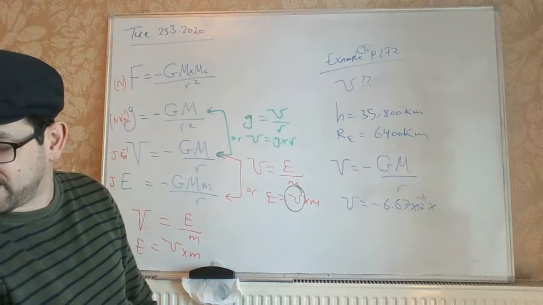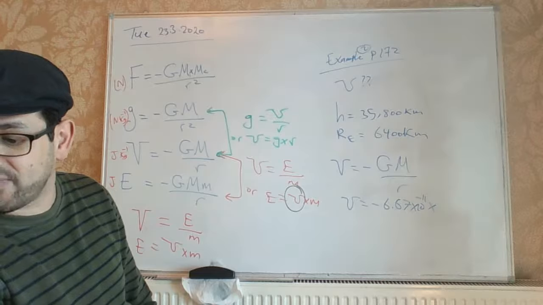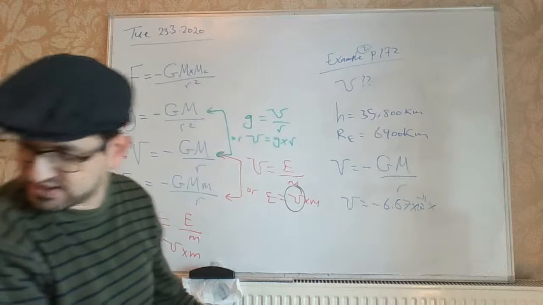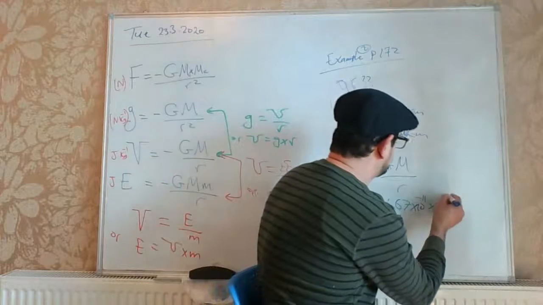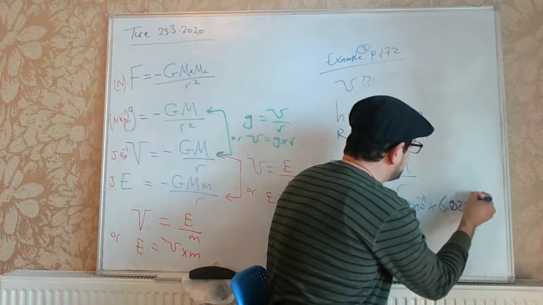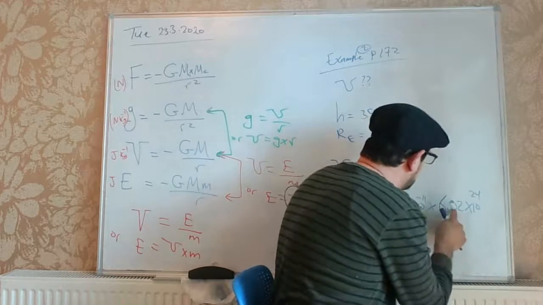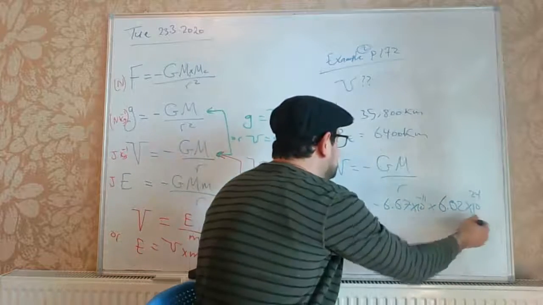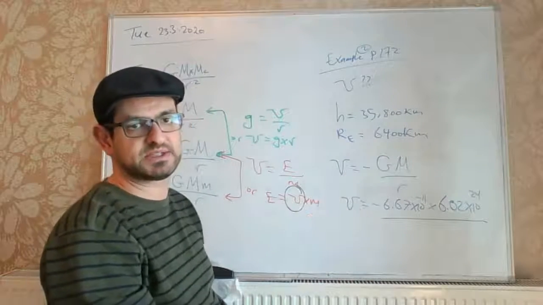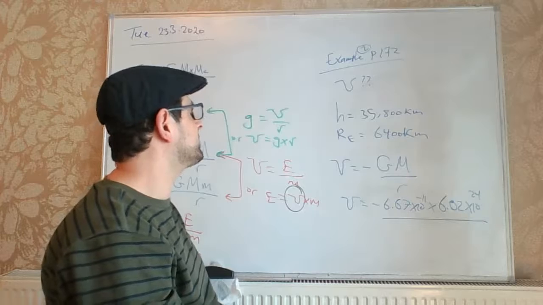They even created a new mass. In the example above they wrote 6.01, here they wrote 6.02 times 10 to the power 24. This is the mass of Earth, not of the satellite. I don't care about the satellite, because the satellite is not what creates this gravitational potential.